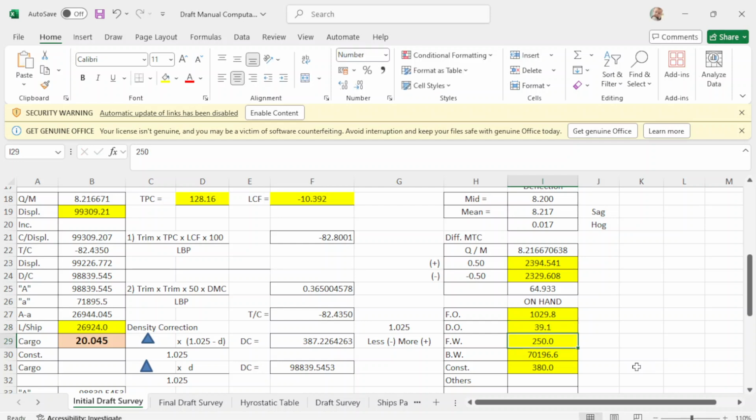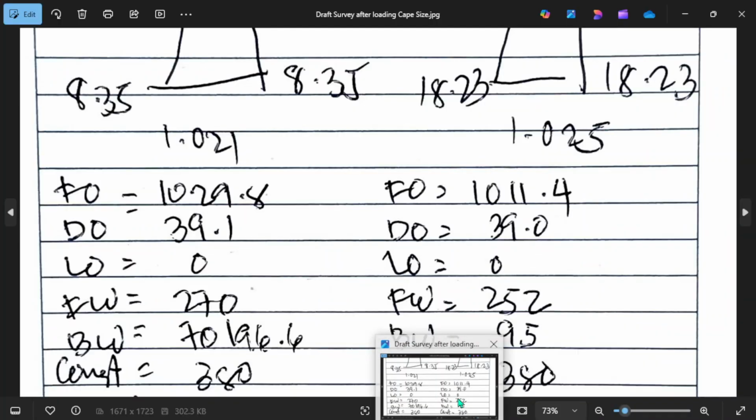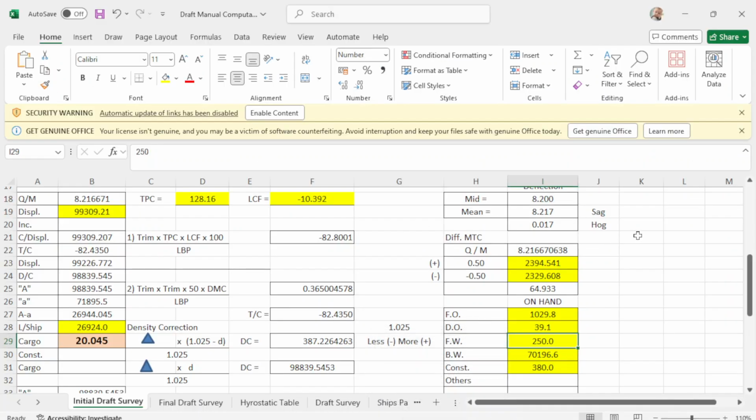Enter. And fresh water is how much? Fresh water is 270. And your ballast water is how much?